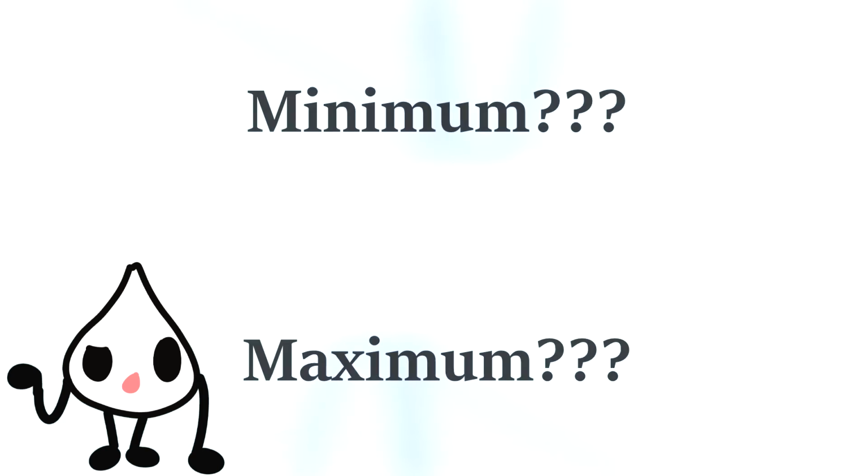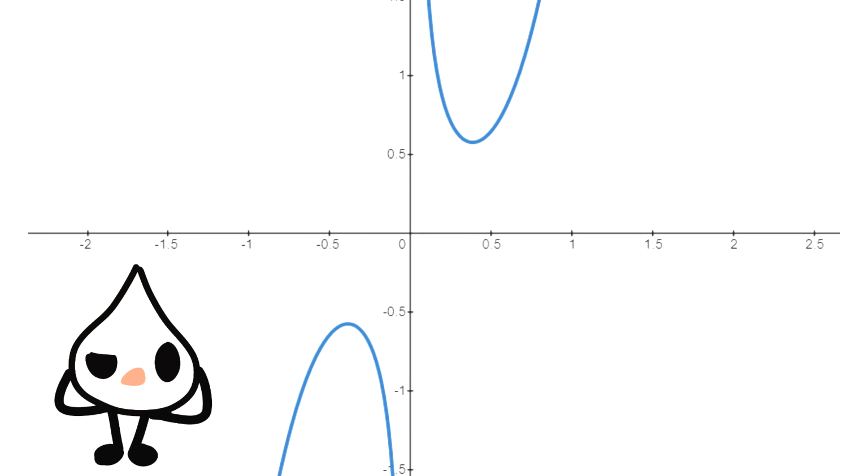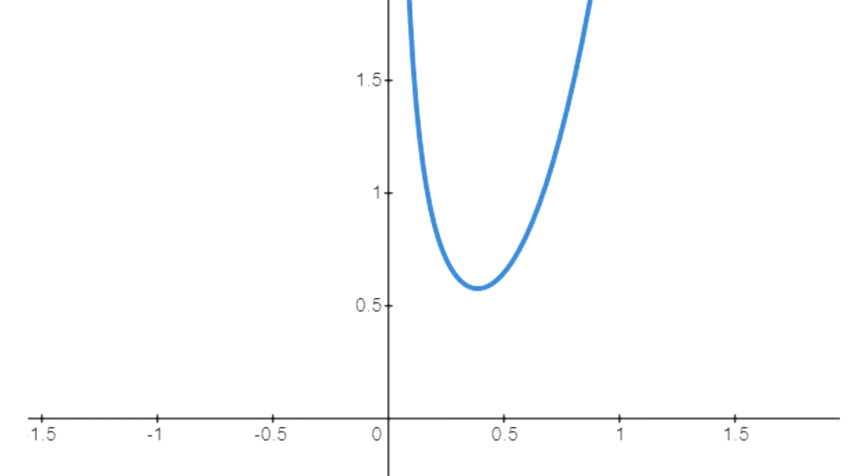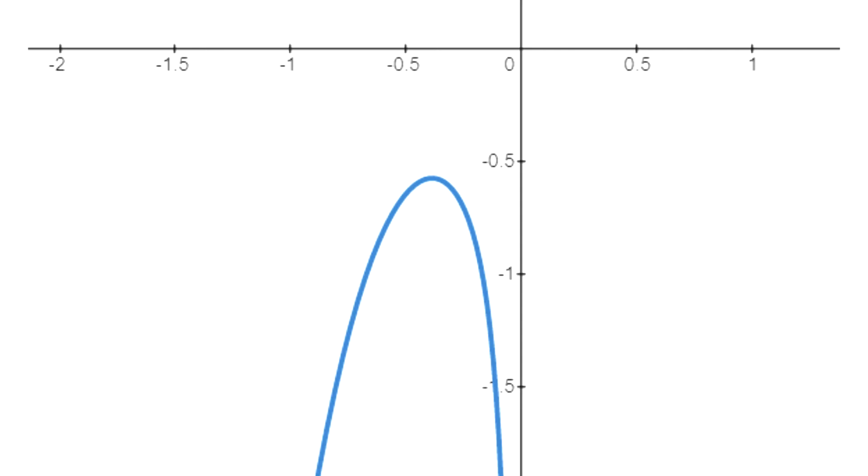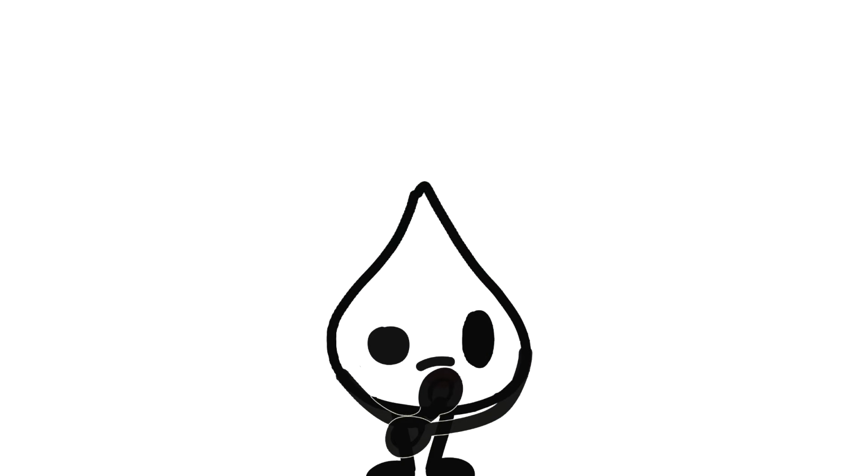Now, it may be tricky here to assume what's minimum and maximum based on what these words would mean, but for now, let's just say that on the right side, the graph has a local minimum, and on the left, the graph has a local maximum. So what precisely are these local maximum and minimum?